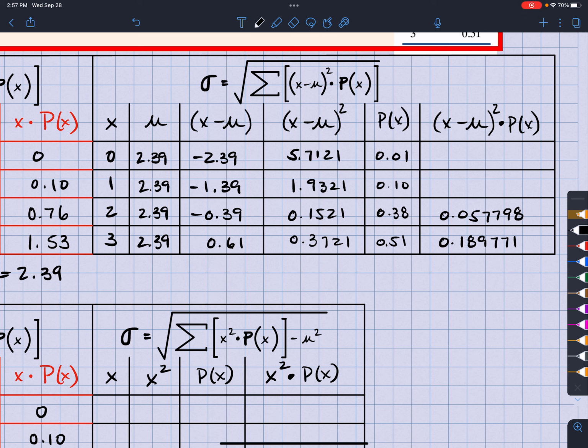I get 1.9321 times 0.1, that should just move the decimal place. And this one should just move the decimal place twice. Okay, so now I got to add them all together, right?